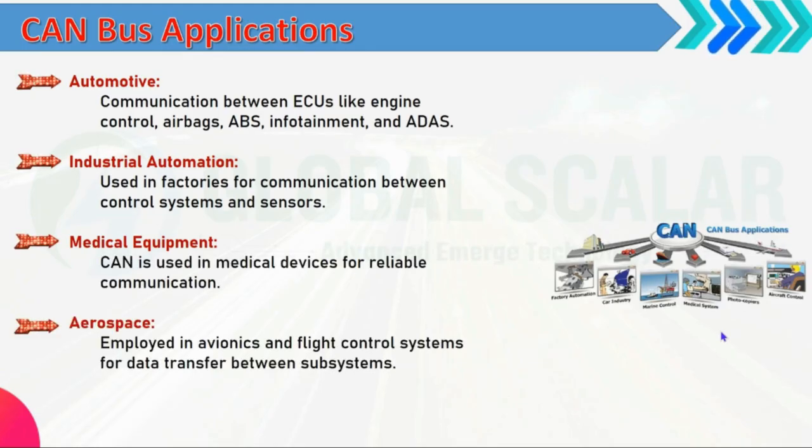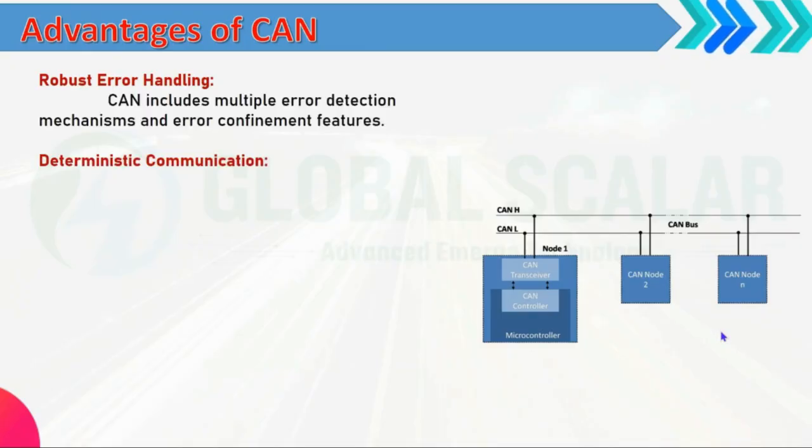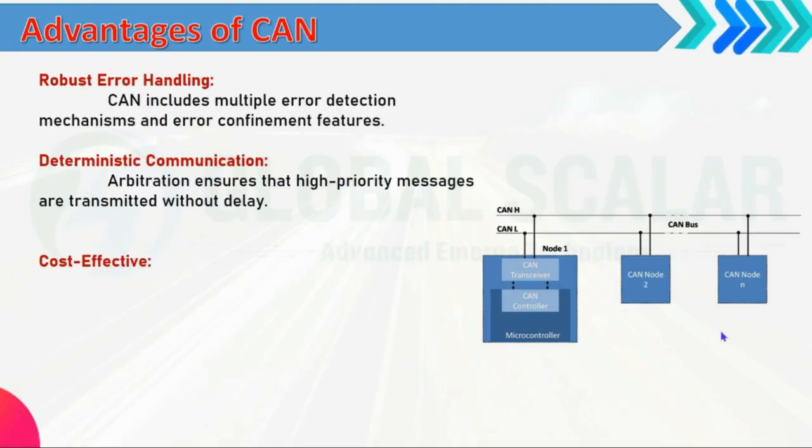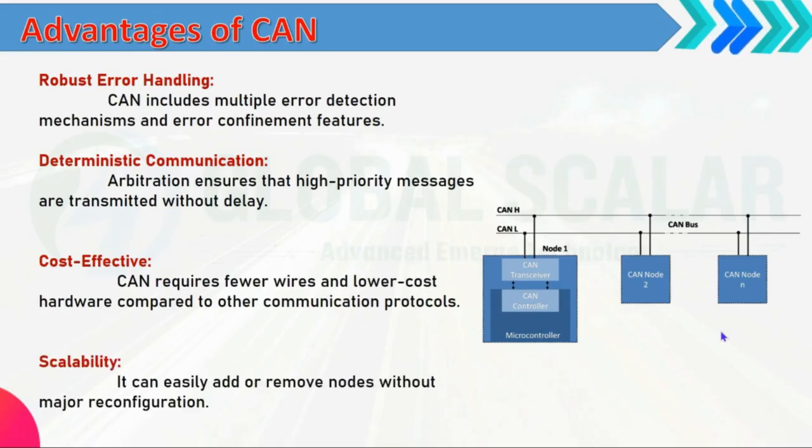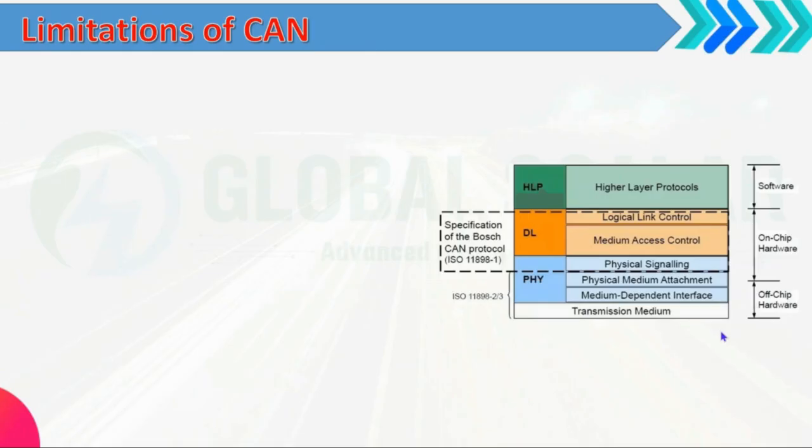Aerospace: deployed in avionics and flight control systems for data transmission between subsystems. Advantages of CAN are robust error handling, deterministic communication, and cost effectiveness. CAN requires few wires, so it is lower cost compared to other protocols. And scalability: nodes can easily be added and removed without any major reconfiguration.